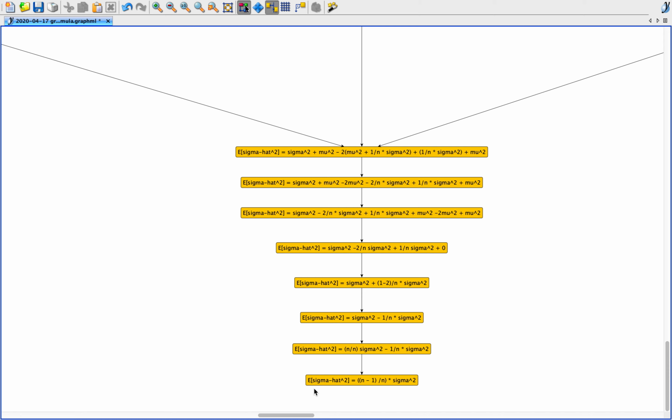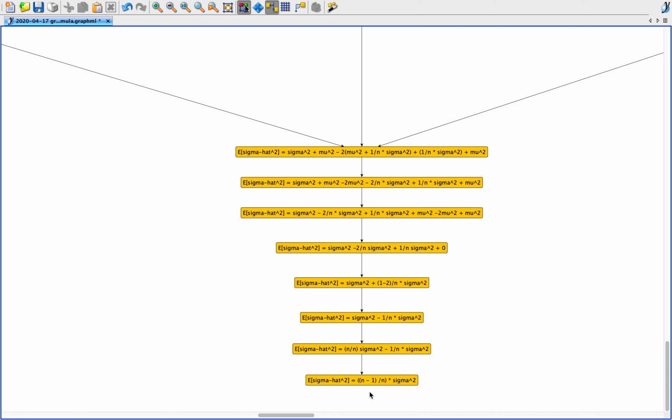So here's the final conclusion. The expected value of sigma hat squared is equal to (n minus 1) over n times sigma squared. So in order to change our pseudo variance so that it is a good estimator of our population variance, we need to compensate for this n minus 1 term.